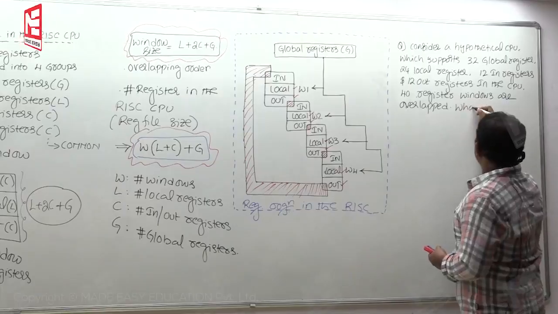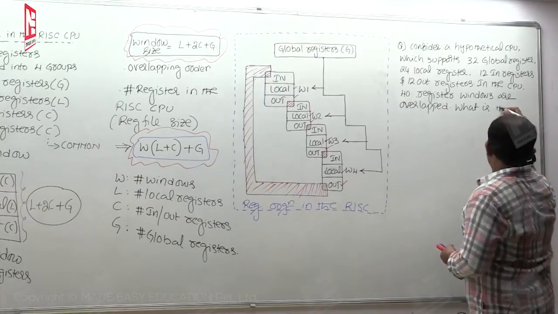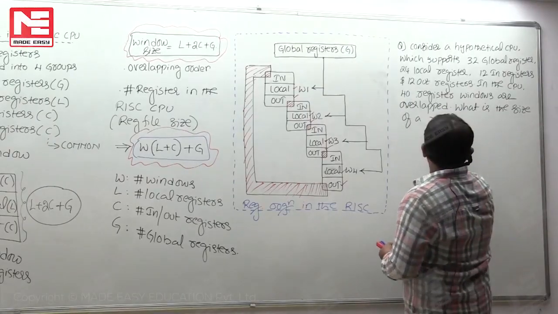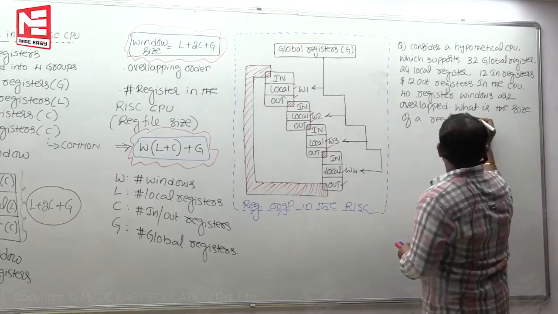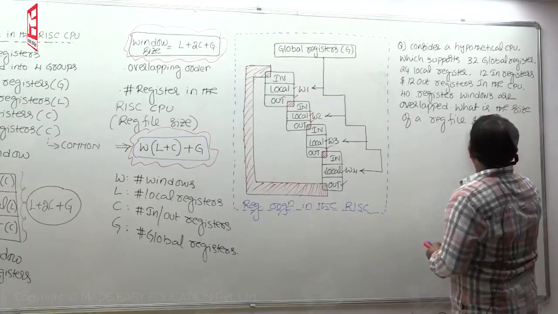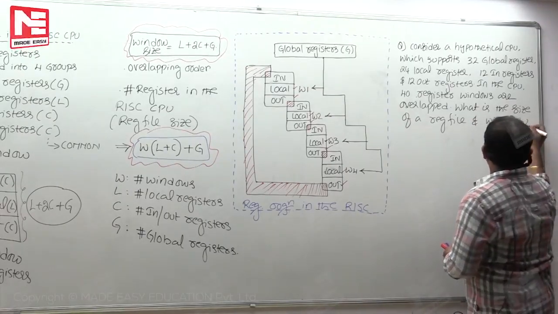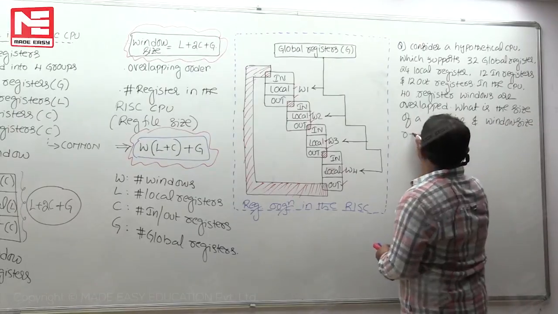What is the size of a register file and window size respectively?